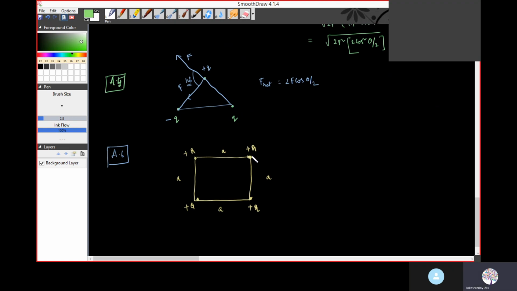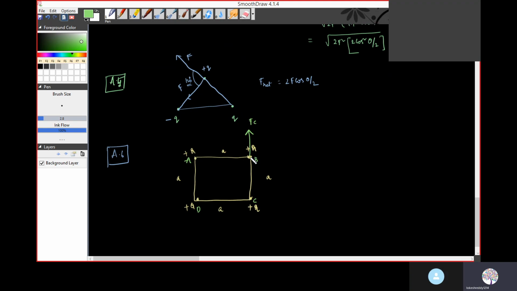Now here this plus q will push, repel, in this direction. Now this is force due to C. I will call this as C, this as D, this as A, and this as B. FC will act in this direction.